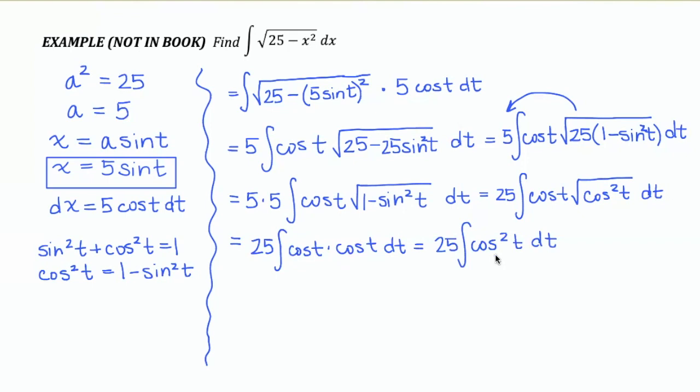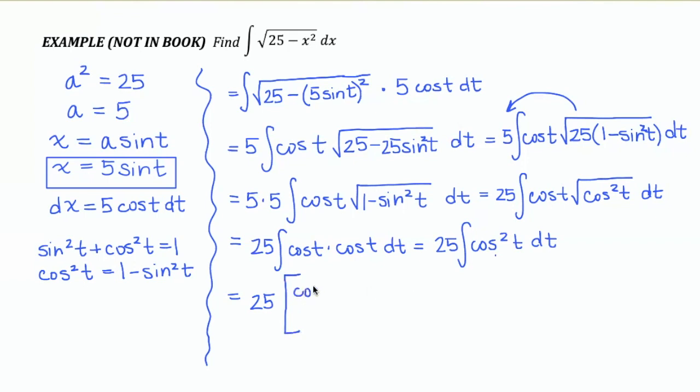So I'm going to go back to the video from last week where I gave you those reduction formulas, and I'm going to apply it here, letting my n value equal 2. So that will give me my constant of 25 stays in front. I'm going to set up big old brackets here because, of course, the reduction formula is rather lengthy.